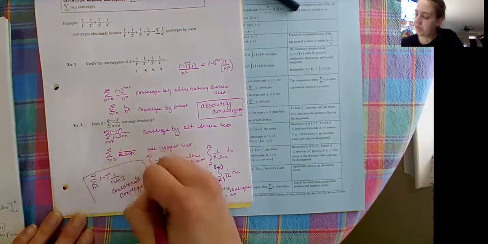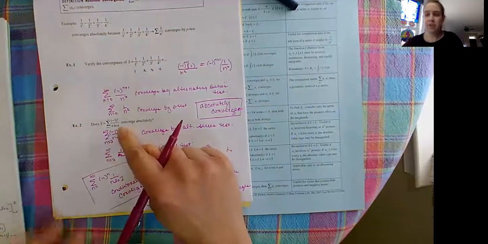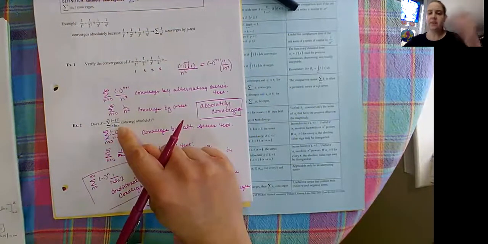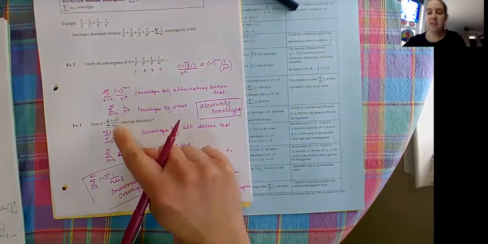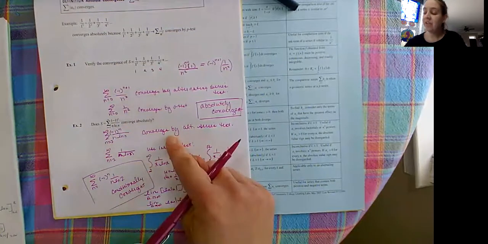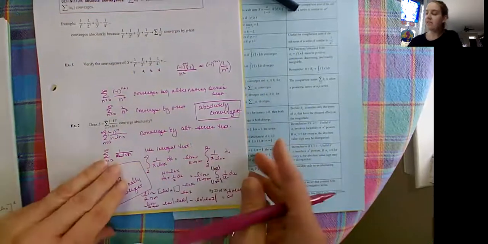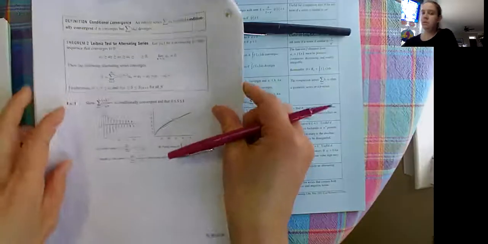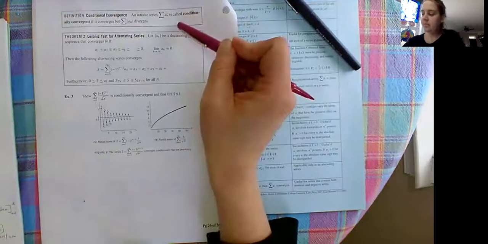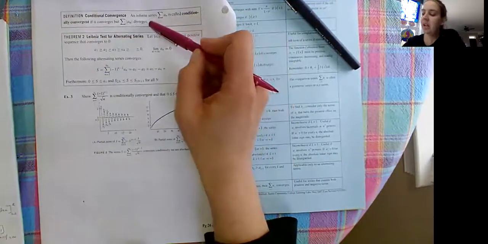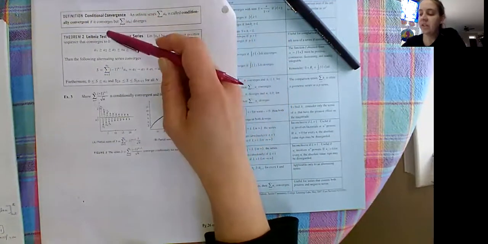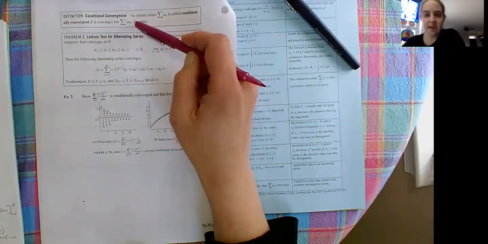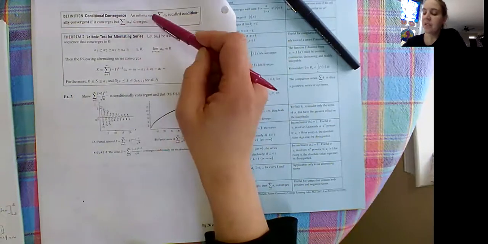The original converges by the alternating series test: positive, negative, positive, negative, getting closer and closer to 0. But because the positive only version diverges, we say that it's conditionally convergent. An infinite series is conditionally convergent if it converges, but the absolute value of it diverges. And that's what's going on right here.